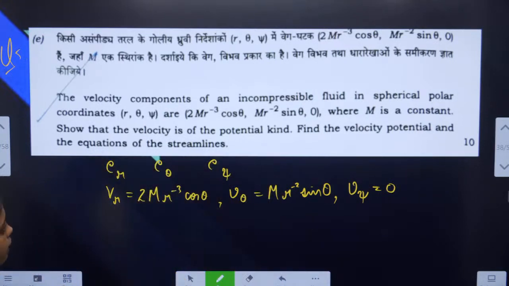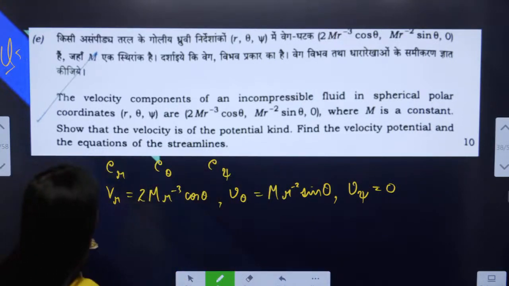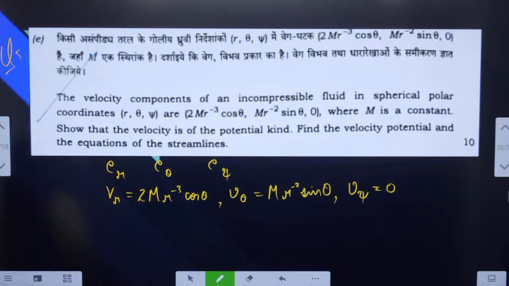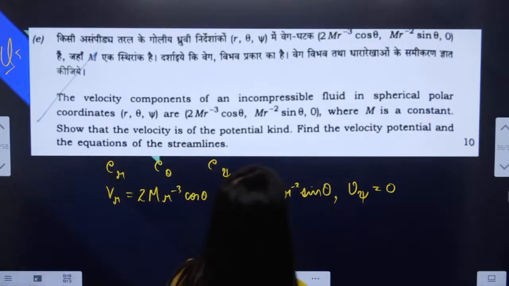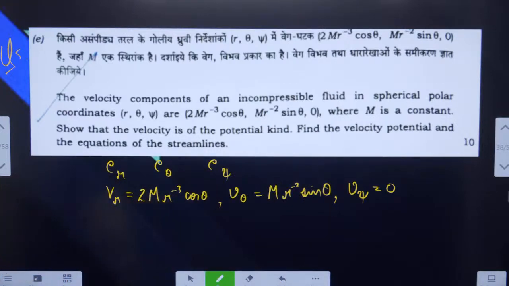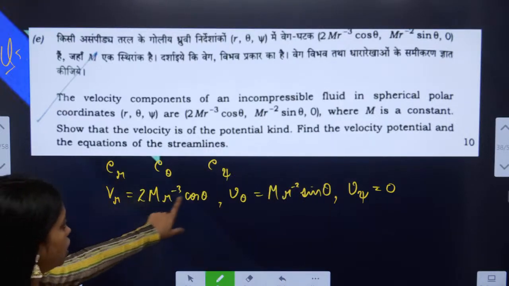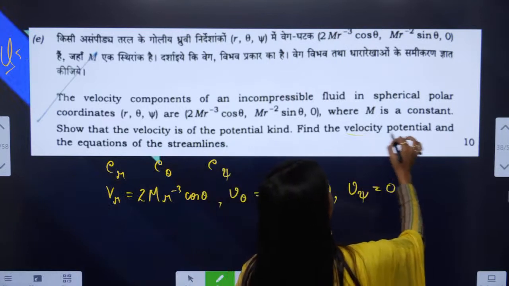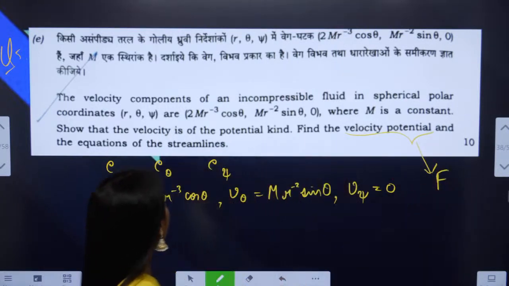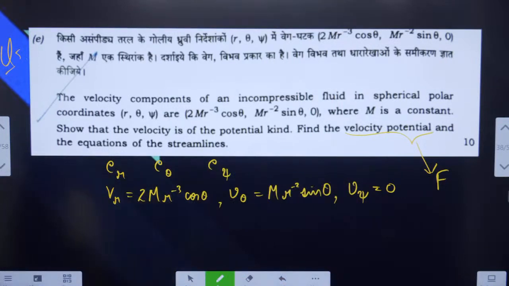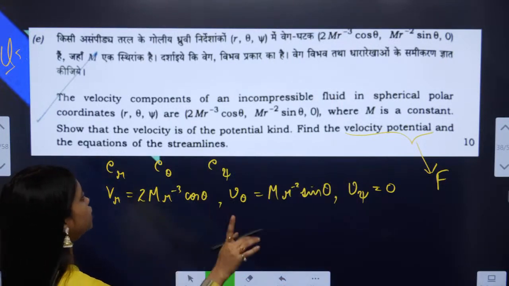Components of velocity are given, where capital M is a constant. Show that velocity is of potential kind. Find the velocity potential. I'll use a different notation for the velocity potential, not V, let it be capital F, and the equation of the streamlines.